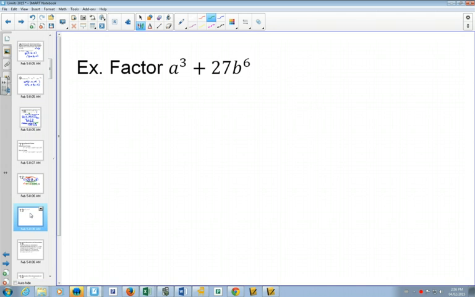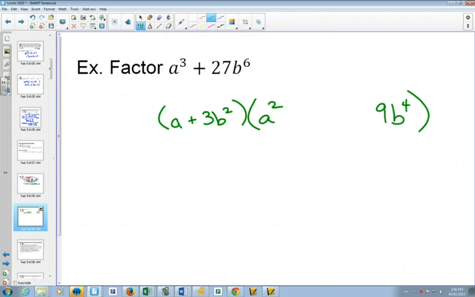So here we recognize this is a perfect cube, this is a perfect cube. It's going to be a plus 3b squared, because b squared times b squared times b squared will give you b to the 6. For this part, what do I need here? I'll need an a squared. For the last one, I'm going to need a 9b to the 4.